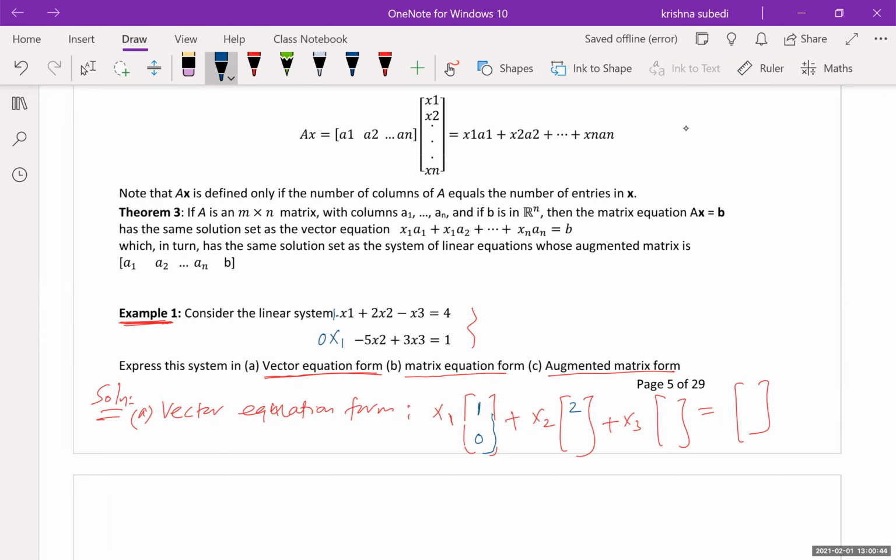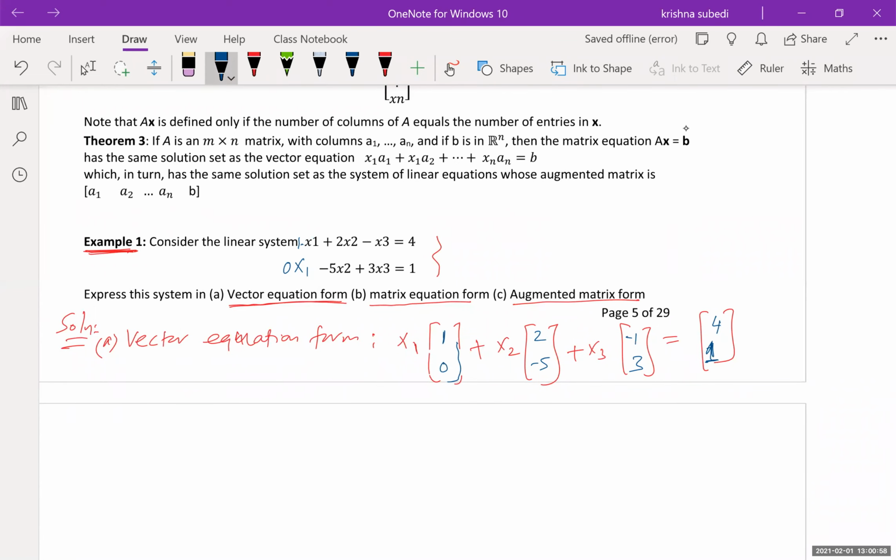So 1 and 0. x2, this is 2 and -5. x3 is -1 and 3. And the constant term is 4 and 1. This form is called vector equation form. So that means this system of equations can be represented as a vector equation in this way.